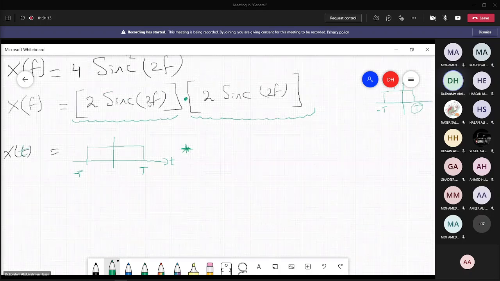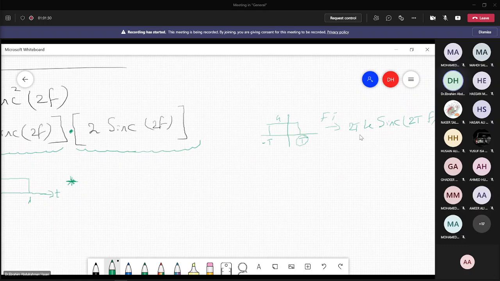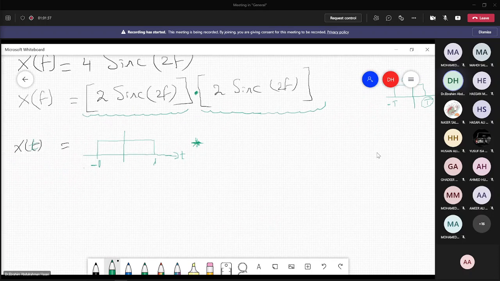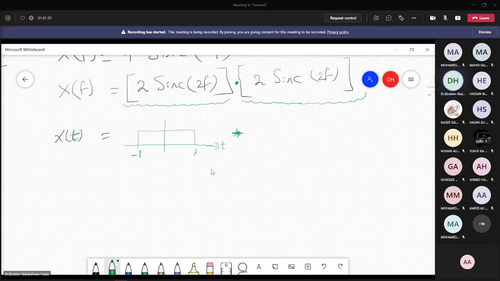Since we have a 2 here, then for sure this is equal to 1. This is 1 and this is minus 1. And to find k, it is 2t multiplied by k, with t equal to 1, so 2k equals 2, then k is for sure equal to 1.